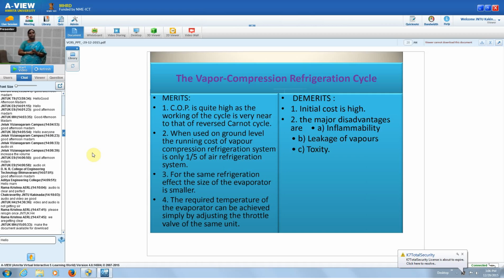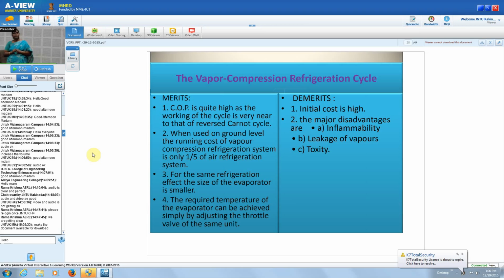And coming to the disadvantages, the initial cost is very high. And the other disadvantages depend upon the type of refrigerant we have selected. If the refrigerant is toxic, then always a toxic problem will be there. If at all some leakage of the refrigerant is there, then also it will be harmful. Some refrigerants are very harmful, and these are inflammable also.